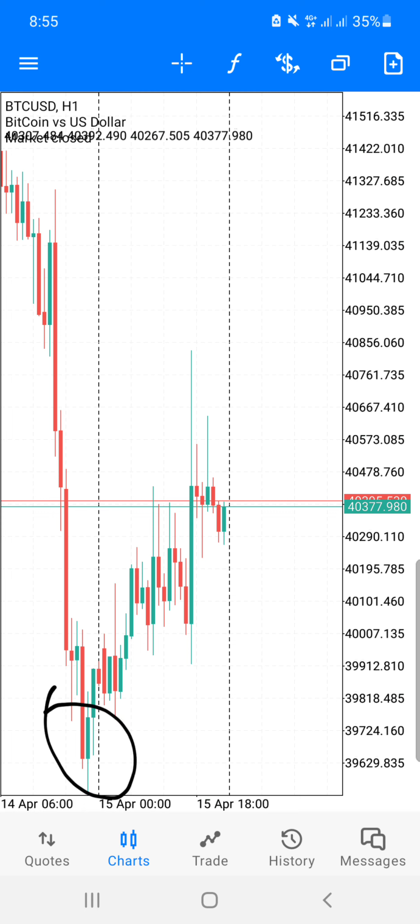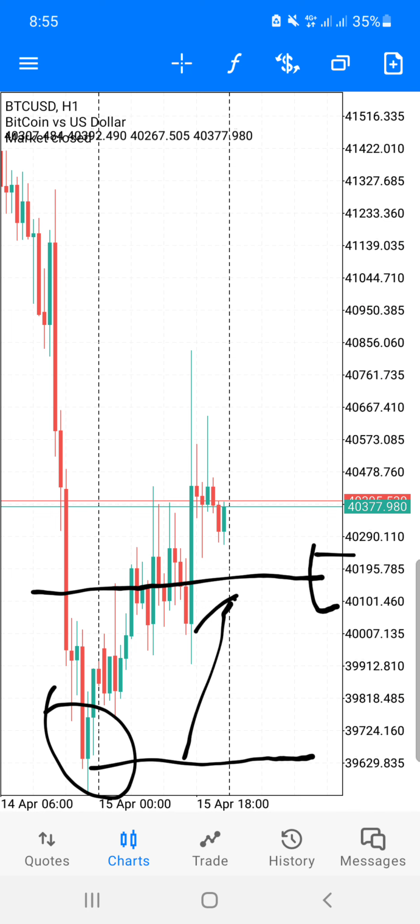The price here is 39,626, and I believe that around the region of 40,195 it will continue buying. So I will place a buy stop here, so that when the price of Bitcoin reaches this point, it will buy.